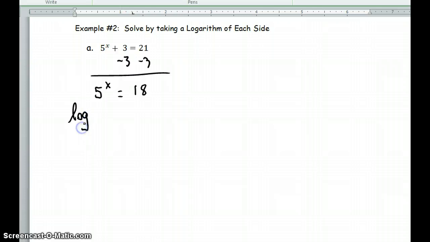Now, when I do this, what determines the base of my log is the base of whatever you're trying to solve that has the x as the exponent. So that 5 right there that I just highlighted is this 5. It's the base of the log. Then I'm going to write this whole thing inside the log.